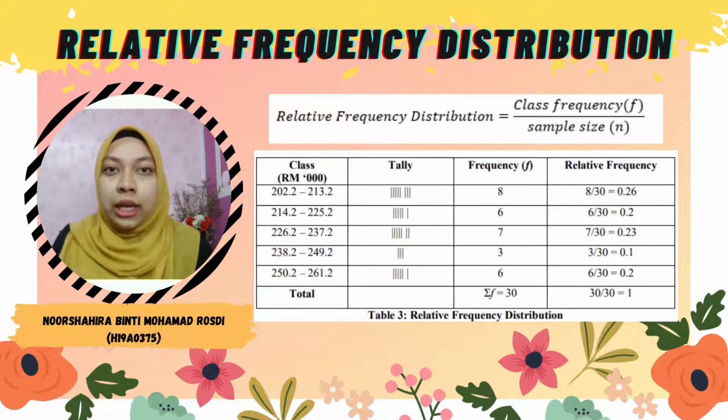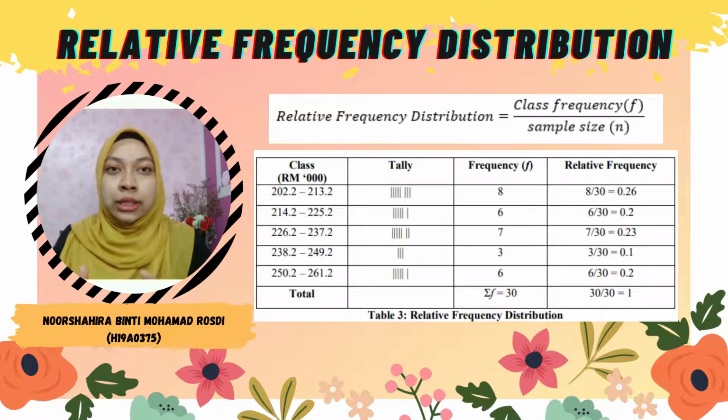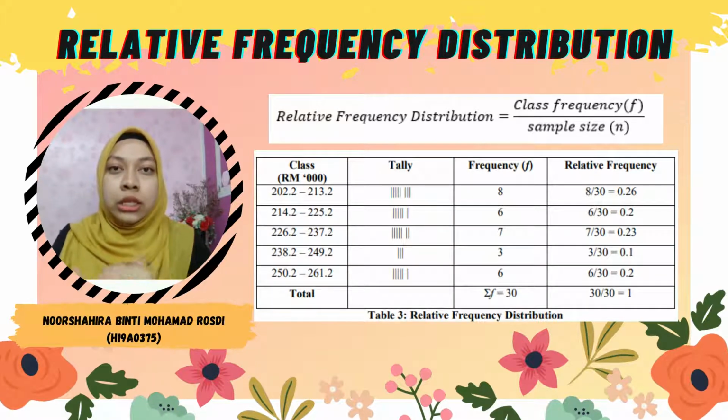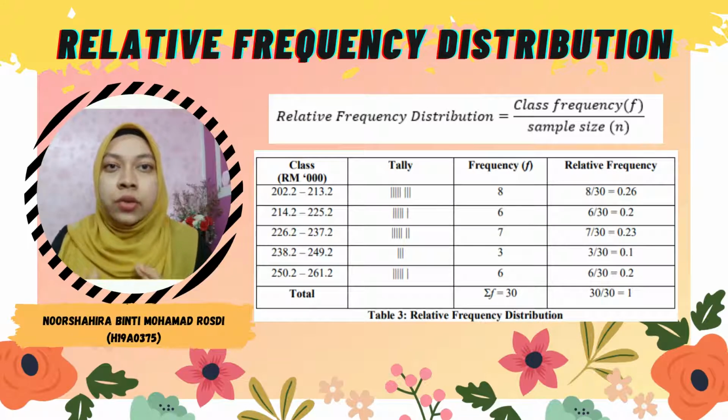It means 8 divided by 30 equals 0.26. 0.26 is the relative frequency for the first class. For the next class relative frequency, you just follow the formula. And lastly, you must make sure the total of the relative frequency is 1.